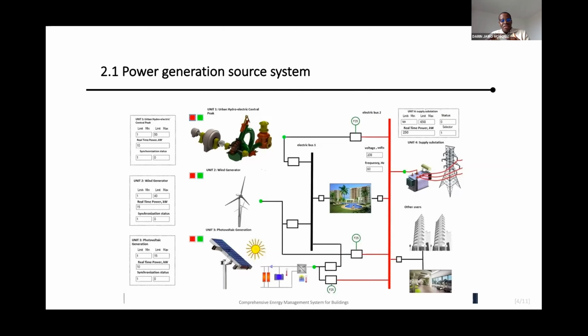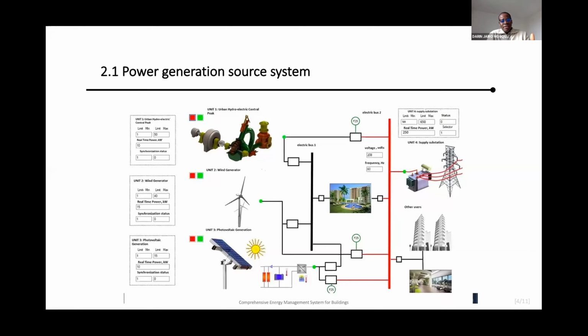Of course, everything is subject to the availability of the energy resource, such as solar radiation, the wind speed, and the level of precipitation during the previous day in real time.